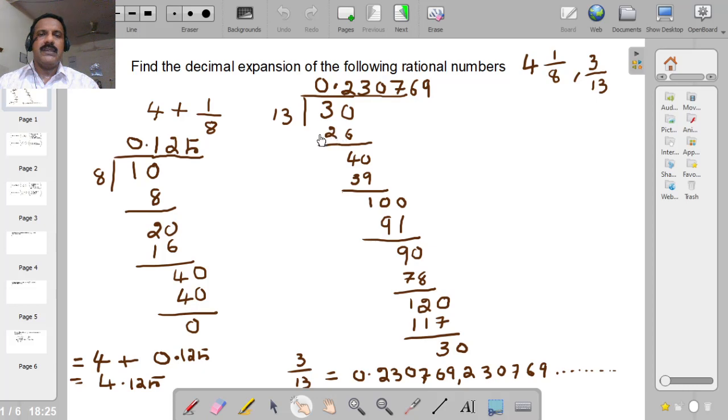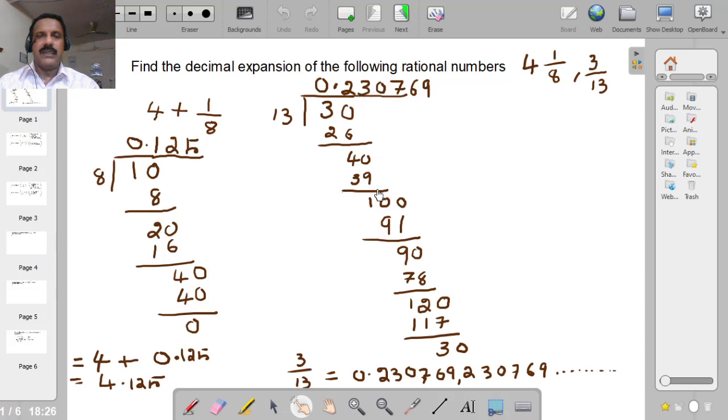Then we will be getting 26 here, and we will be writing 0.2 here. And when we subtract 26 from 30, we will get 4, and we will be writing a 0 here, making it 40. Then we can take 3 13s from 40, and when we subtract we get 1, and in the result column we will be writing 3.